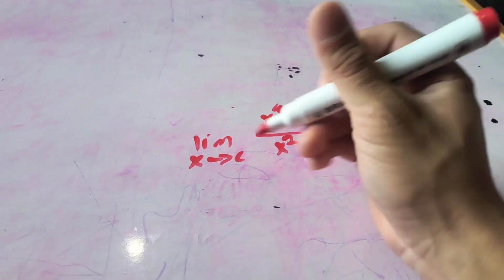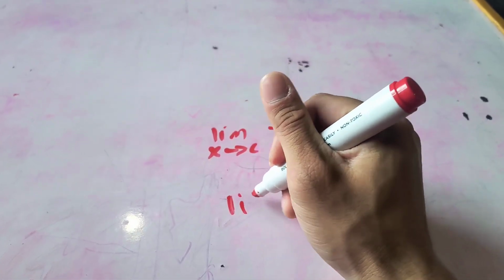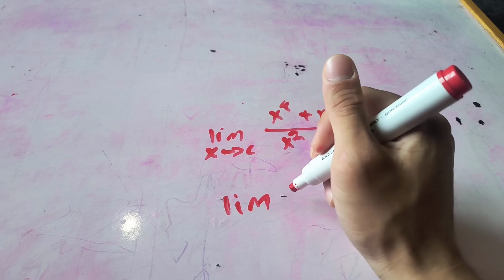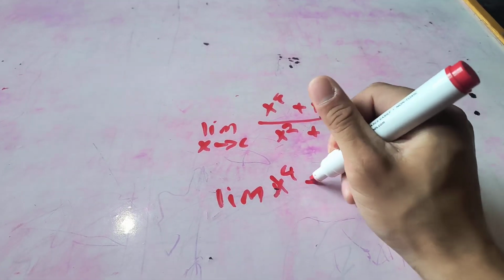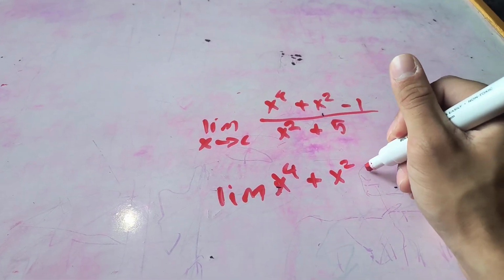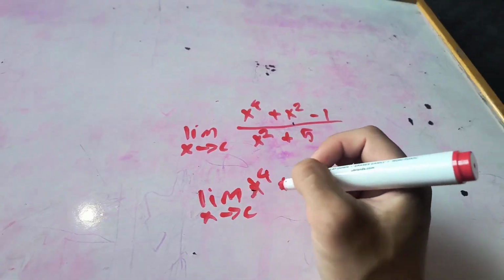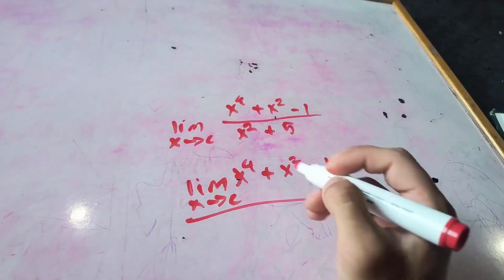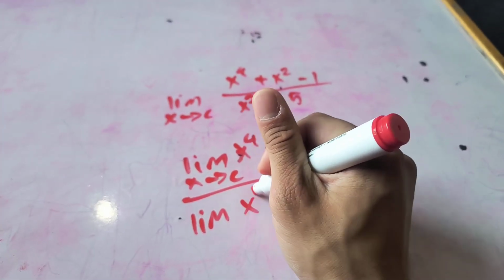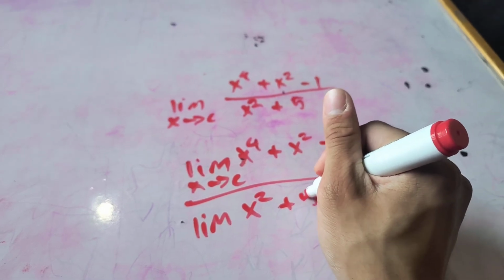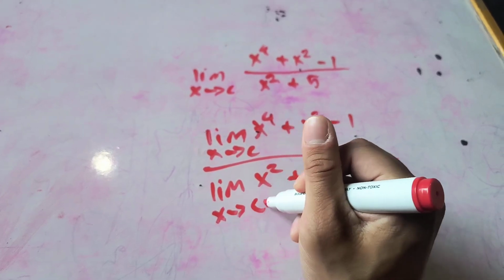So we could say that this is actually the limit of x to the power of 4 plus x to the power of 2 minus 1 as x approaches c, over the limit of x to the power of 2 plus 5 as x approaches c.